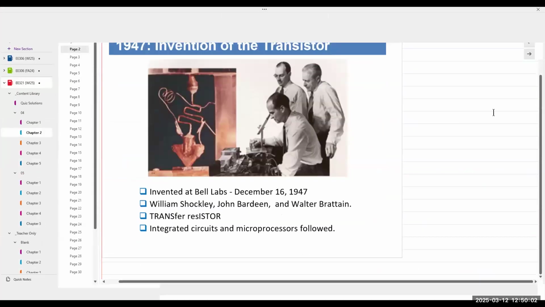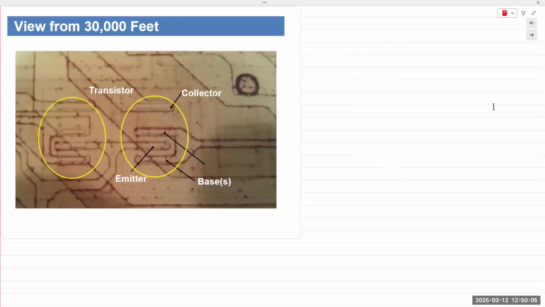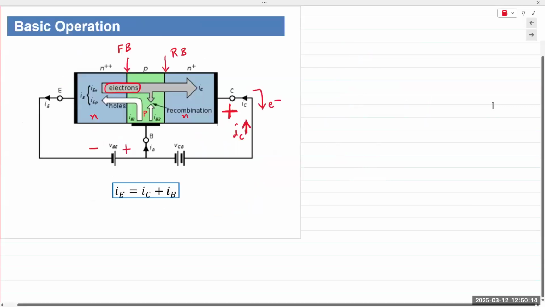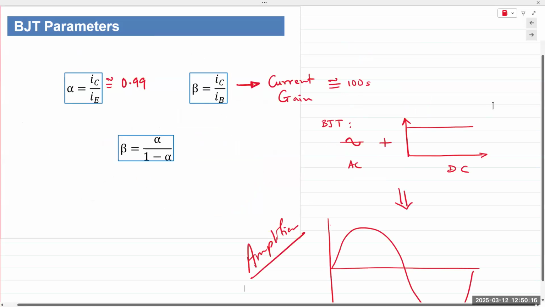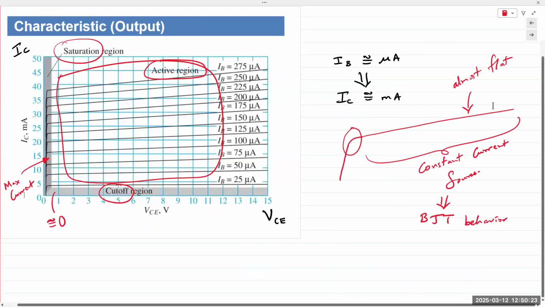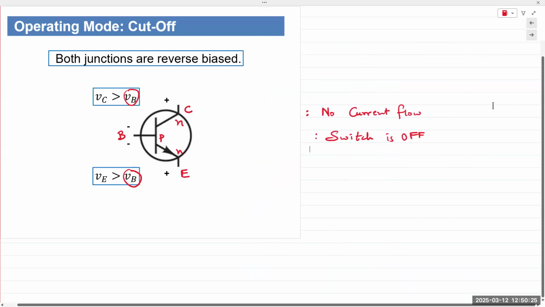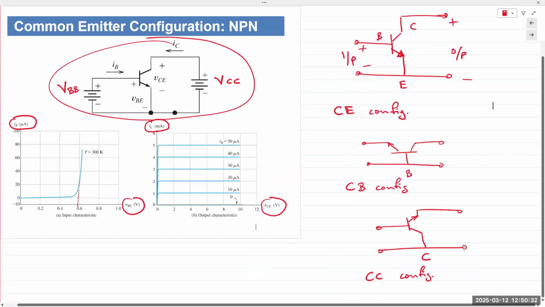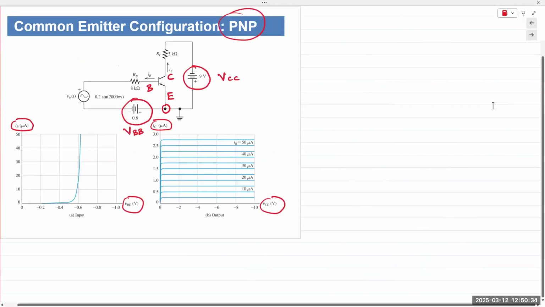BJT, again, short answer questions based on fundamentals and concepts. You should know what it means and the three regions, base, collector, emitter, and how it functions, the basic operation, BJT parameters, alpha, beta, how it can be used as a switch or as an amplifier, the characteristics, modes of operation, active, cutoff, and saturation, and then how to determine the mode of operation.